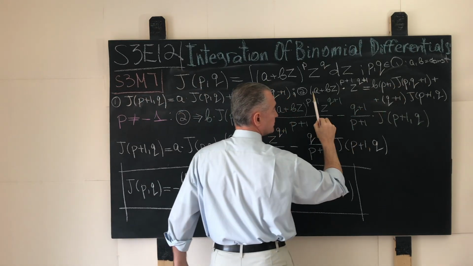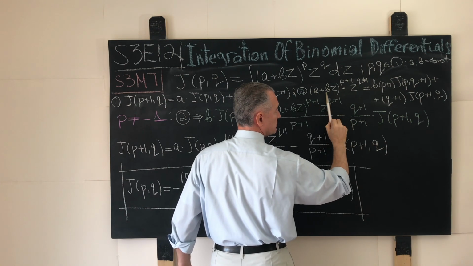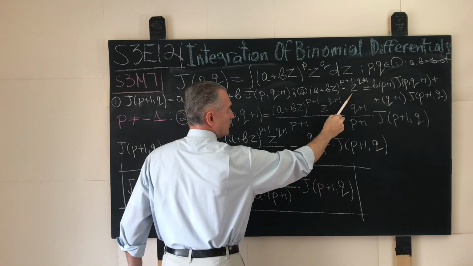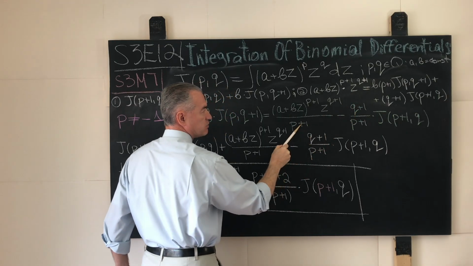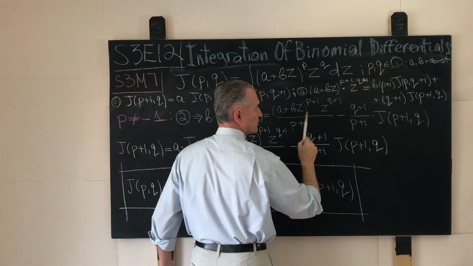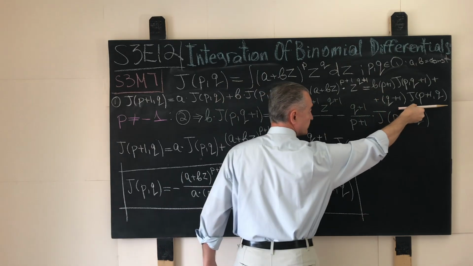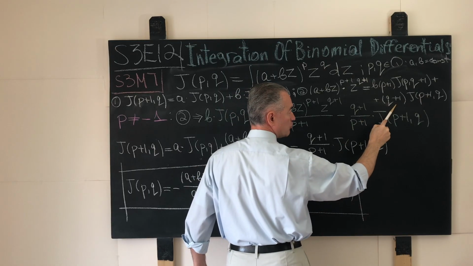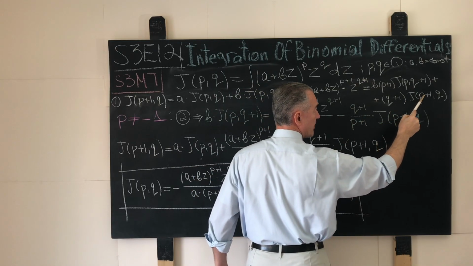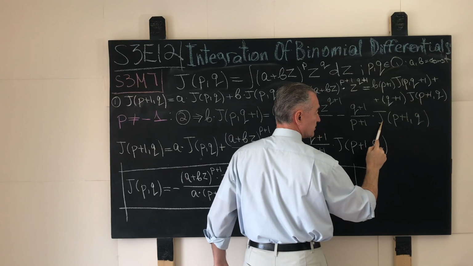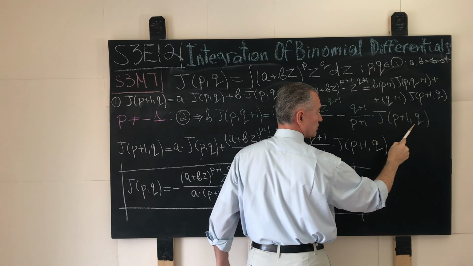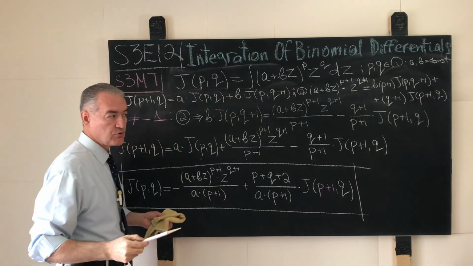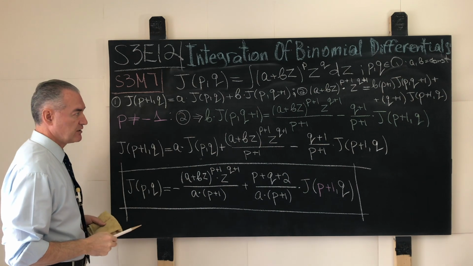This is the left-hand side of the equal sign, divided by p plus 1. This is transparent. And then we carry this guy to the left-hand side with the minus sign, minus q plus 1 times the integral J of p plus 1, q divided by p plus 1. This is, again, straightforward middle school arithmetic. There is nothing complicated over here.